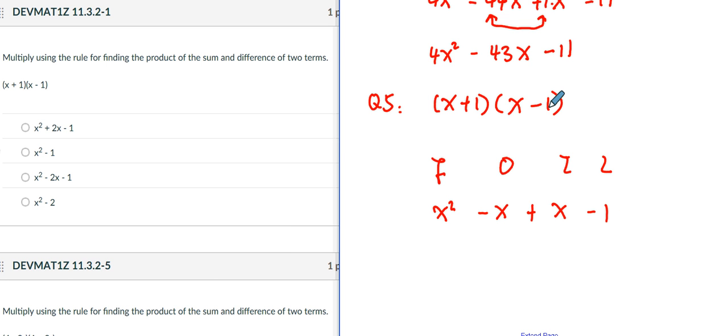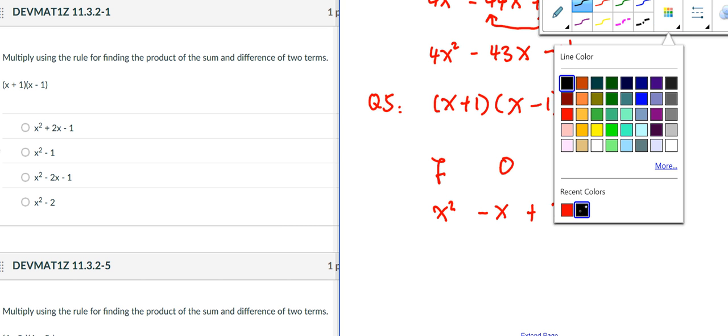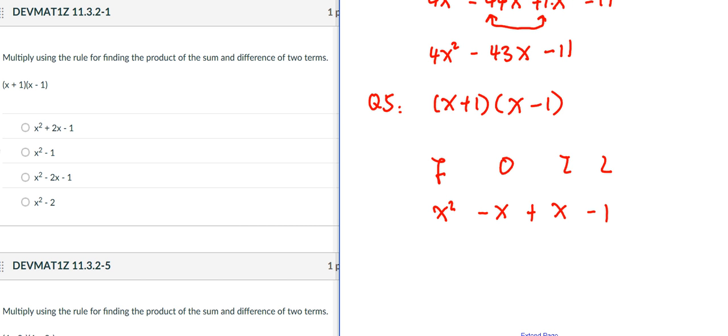You know, in this case, it is a little bit special. You see the signs are opposite and the two terms are the same. So if signs are opposite, you can see all the time they will cancel each other.